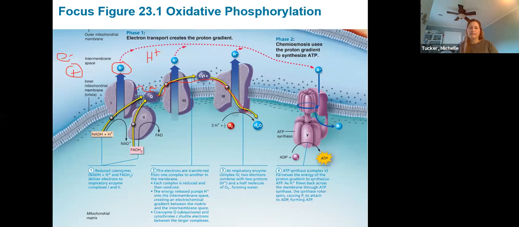And as they continue to get transferred, they lose a little bit of energy, and they use this energy to pump hydrogen ions into this intermembrane space. When they get to complex 4, they've lost a lot of energy and are now going to combine with oxygen to make water.